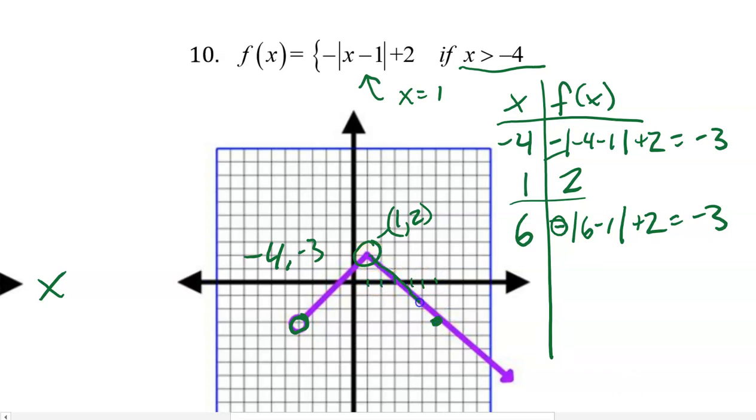So, pretty close. And then on the far right side of our graph, we draw an arrowhead because x can continue to be any positive value onto infinity. So our domain would actually be open parentheses -4, comma, positive infinity.